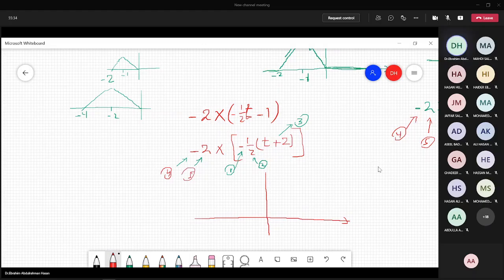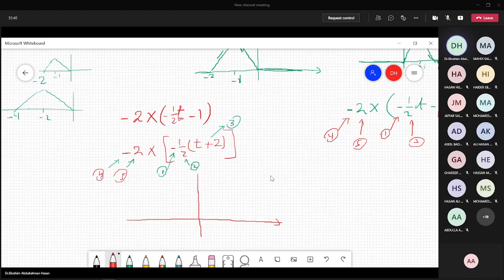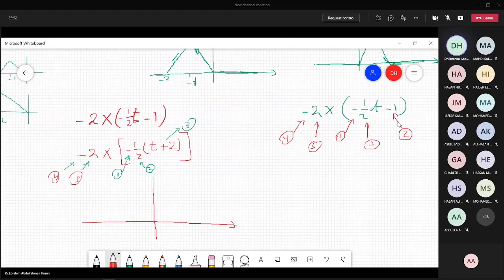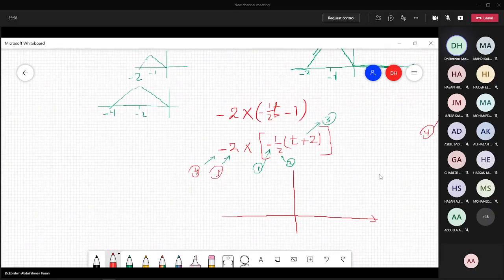Okay, if you want to do it by the second method, then stick with this one. Always do all examples or all questions by method number 2. Don't do one time this way and one time that way, because in the exam it will confuse you. In the exam, you'll wonder whether to shift first, or scale first, or flip first, so don't mix them.